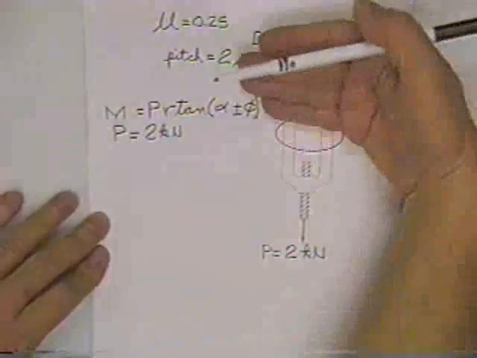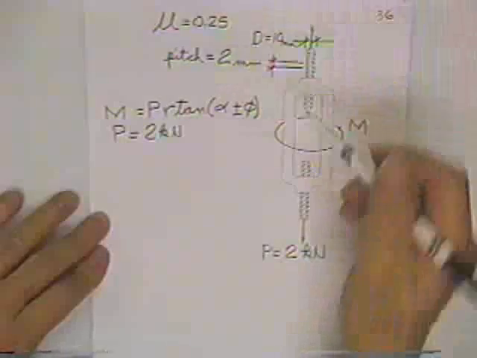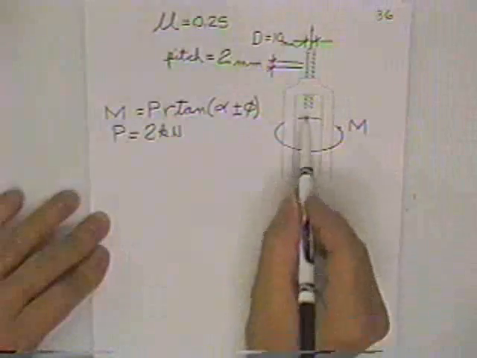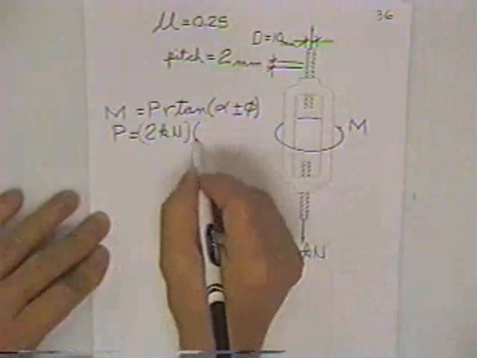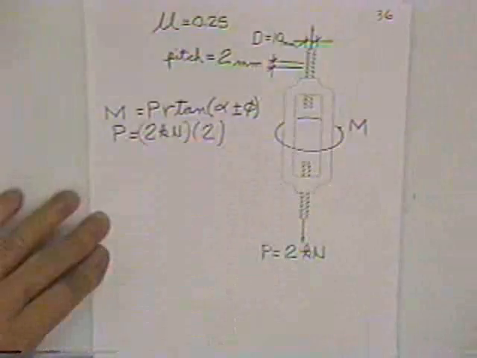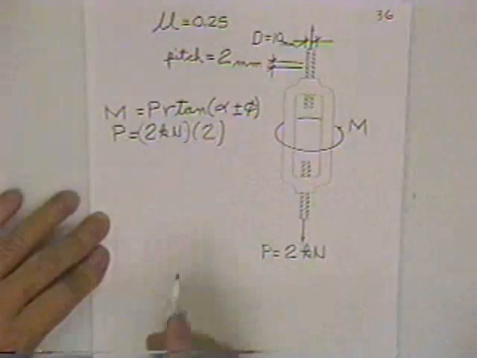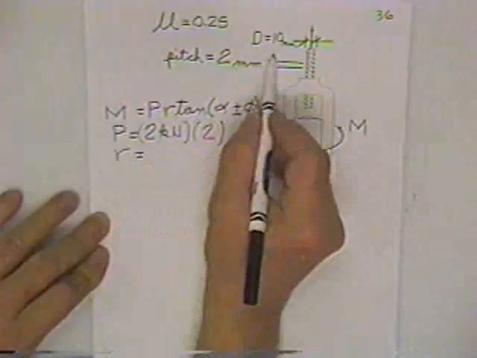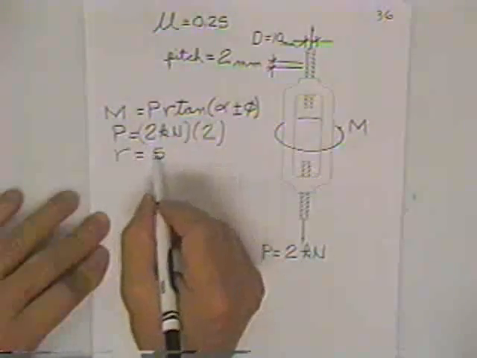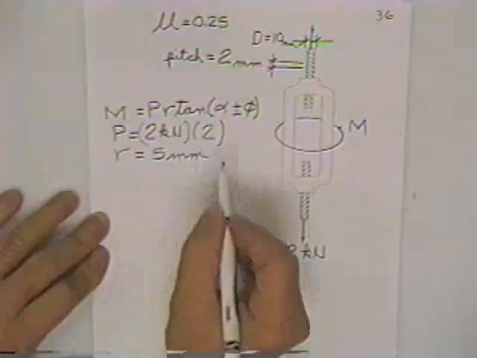And actually we're not just raising it up against one. We don't have just the friction inside of one of these. Since it's a turnbuckle, you have another one on the other end of the turnbuckle. So we'll multiply the load times 2, make the load 4. The radius, since our diameter is 10, is 5 millimeters.